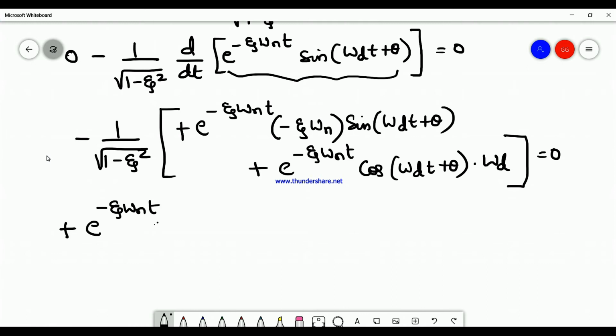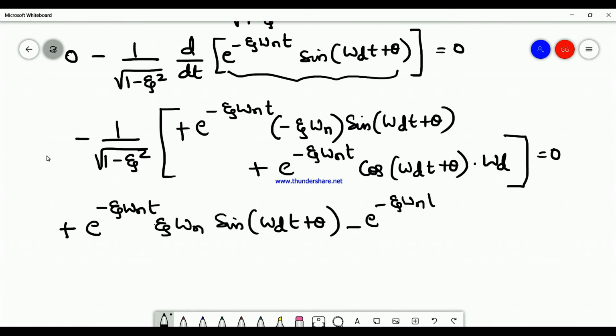Therefore e power minus zeta omega nt into zeta omega n into sine omega dt plus theta minus e power minus zeta omega nt into cos omega dt plus theta into omega d equals 0.